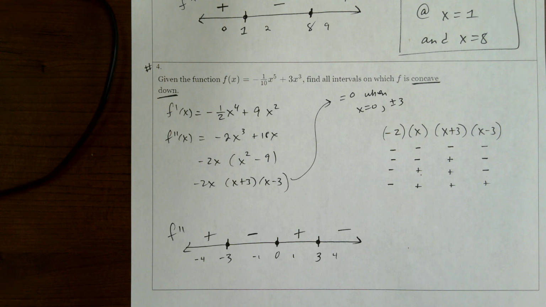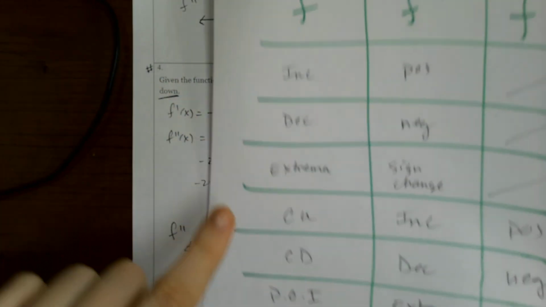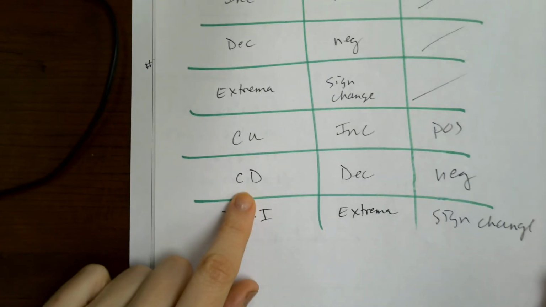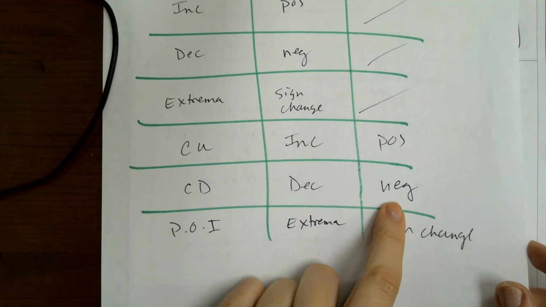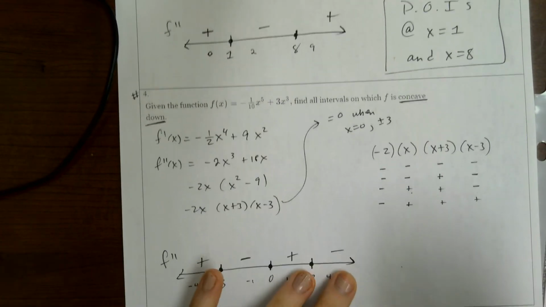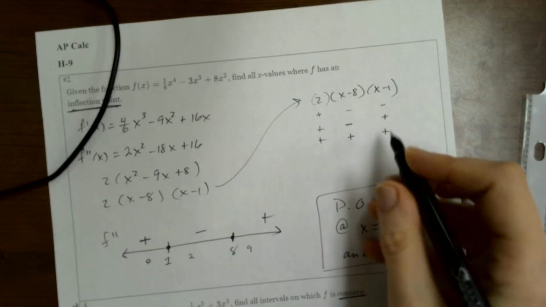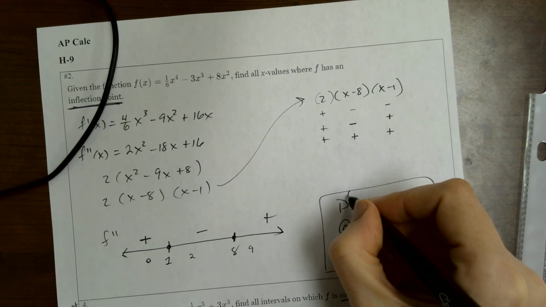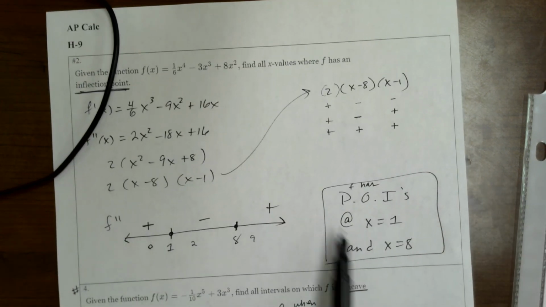All right, so we're asked when is f concave down? f is concave down when f double prime is negative. Okay, let me actually change this. I'll say f has points of inflection at, okay.